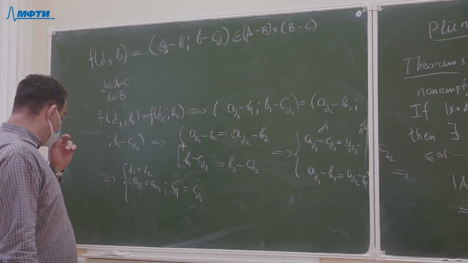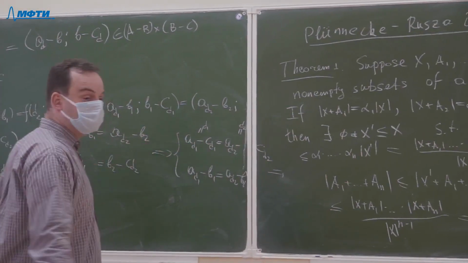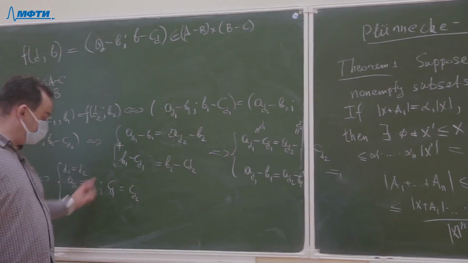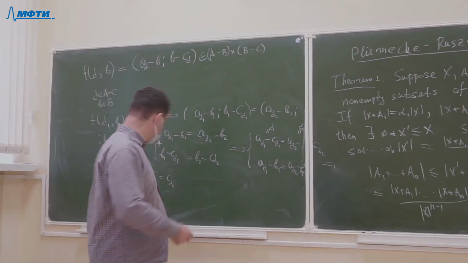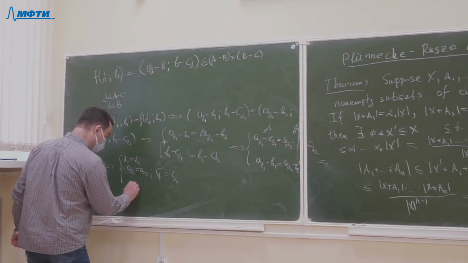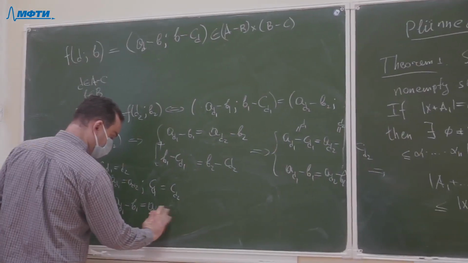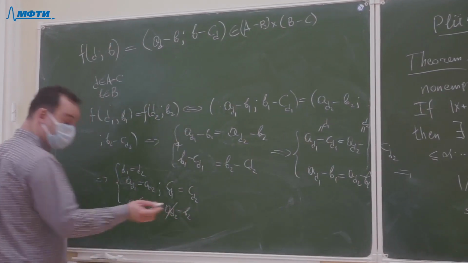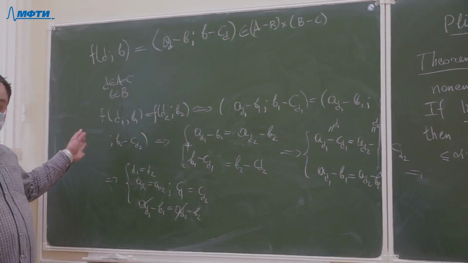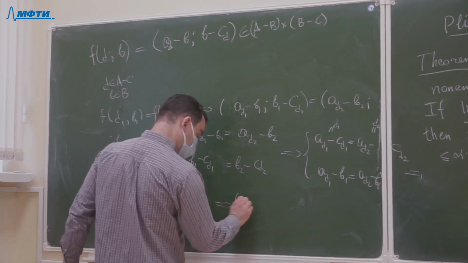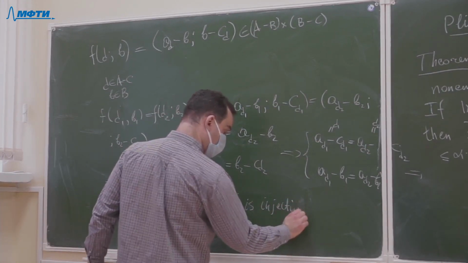Well, look, this is d1, this is d2. We fixed one representation, so a d1 equals a d2, c d1 equals c d2, and from this follows b1 equals b2. And b1 equals b2. So from this follows that f is an injection.